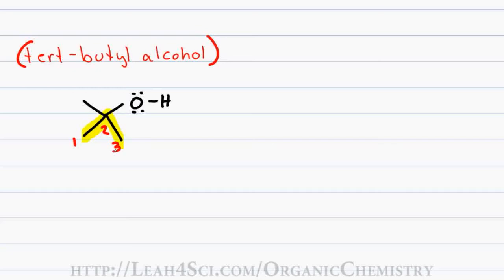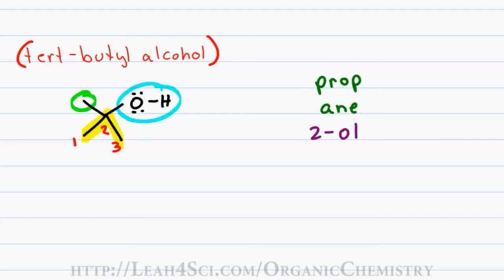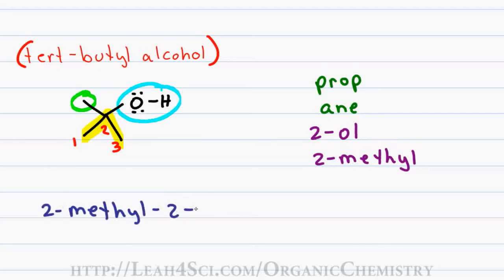Having 3 carbons in my parent chain gives me a first name of prop. Having only single bonds gives me a last name of ane. Since the alcohol is on carbon 2, I have a suffix of 2-ol. And since the methyl is also on carbon 2, I get a prefix of 2-methyl. Putting the name together, remember that the prefix goes first, then the first name, then the last name, then the suffix. Remember to drop the E from ane for a final name of 2-methyl-2-propanol.